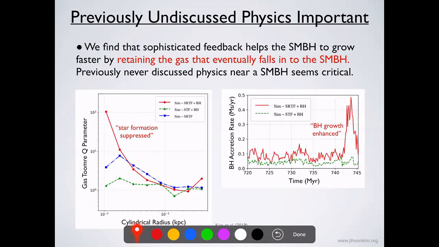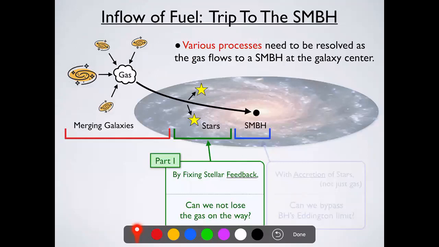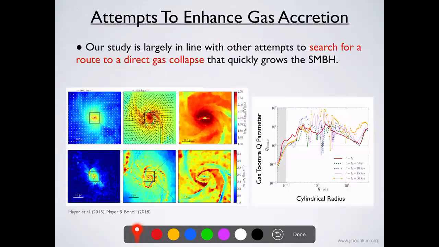All I'm saying is that by fixing the stellar feedback, we are finding a way not to lose the gas along the way, but make the supermassive black hole grow sufficiently fast to explain the high Z quasar. So this is in line with many other works that are trying to find the route to a direct gas collapse to the supermassive black hole rather than fragmenting into stars along the way.